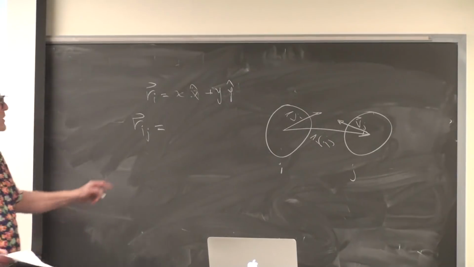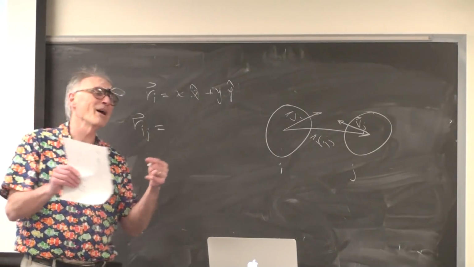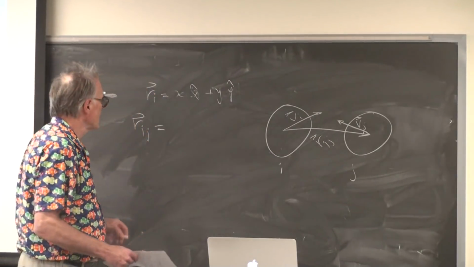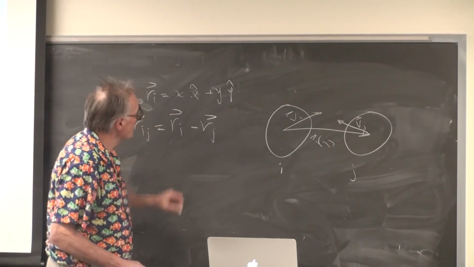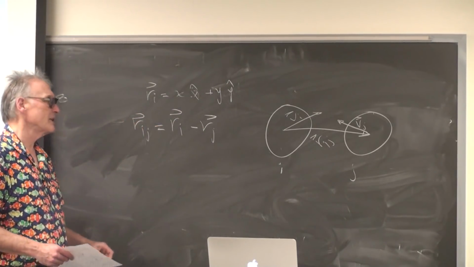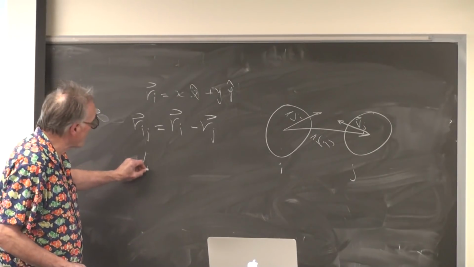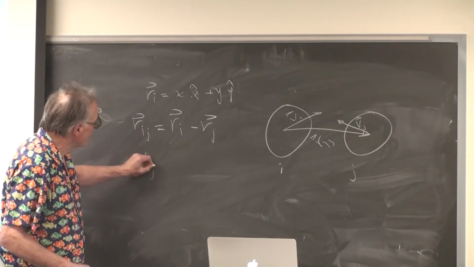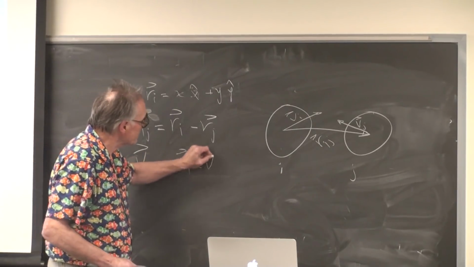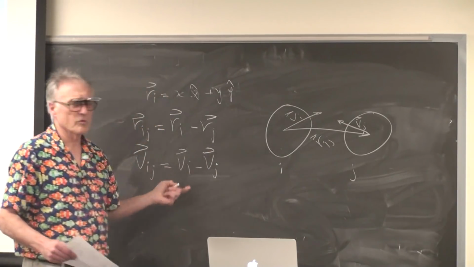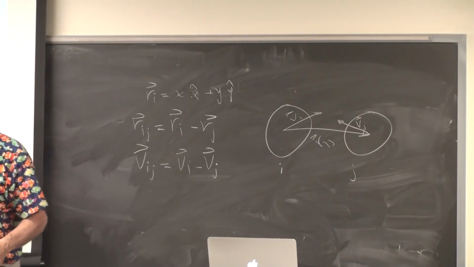So we're going to need Rij to tell when an impact occurs. This is going to be Ri minus Rj. We're going to need the velocity of each, and the approach velocity, Vij, which is going to be Vi minus Vj. This is the usual definition of vector subtraction, right?